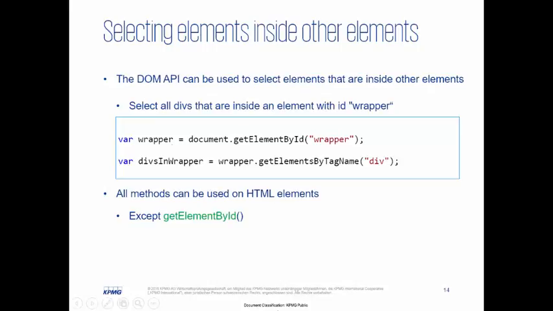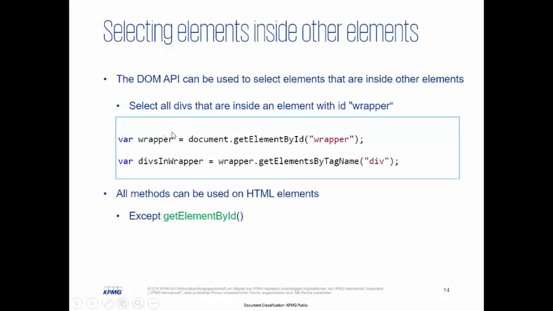Okay. So far we saw that you can call the methods through the document element. So the document that the browser gives you access to all these functions, but also the elements themselves that we saw that you get returned from these calls. For example, here we're calling to get an object with the ID wrapper, and we get it here.